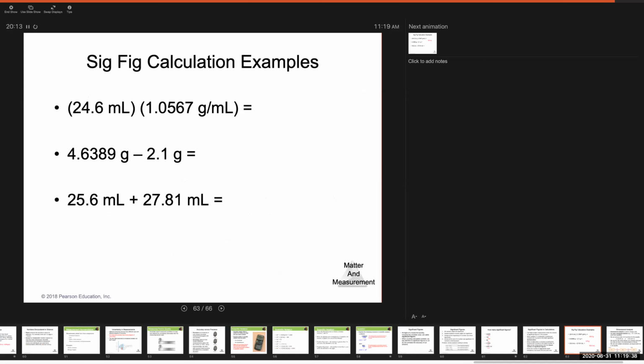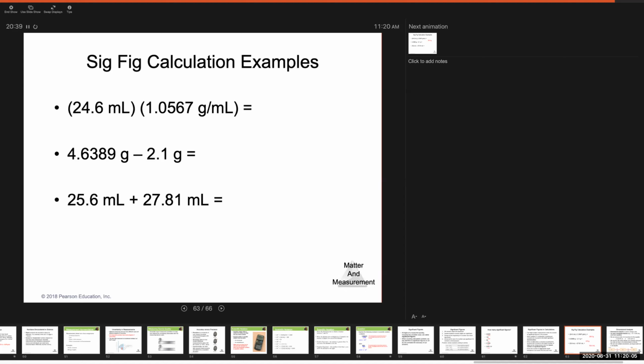So here's a couple examples. Without worrying about the numbers, on the first one, we have 24.6 mils times 1.0567 grams per mil. If we do that multiplication, how many significant figures would you expect to use in your answer? 3, right. And that's based on the 24.6 mil measurement.